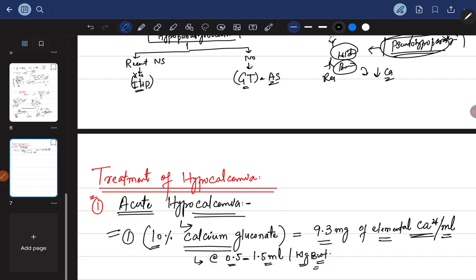While giving 10% calcium gluconate at the rate of 0.5 to 1.5 ml per kg body weight, always remember to watch for ECG changes. If there is a prolonged QT interval after this infusion of 10% calcium gluconate, stop it.